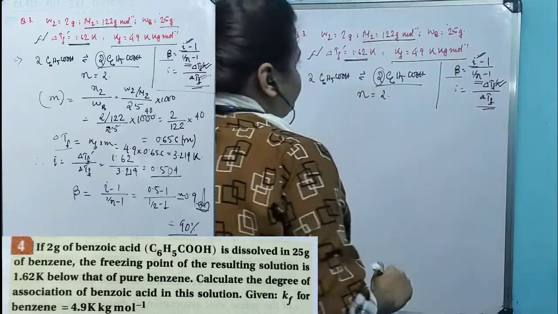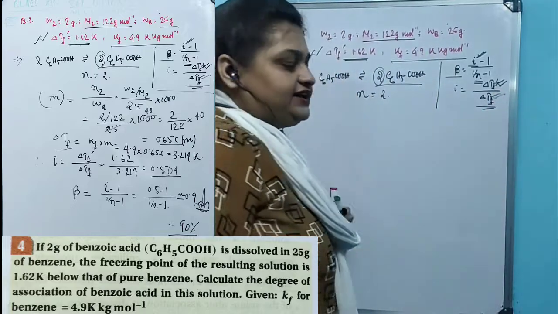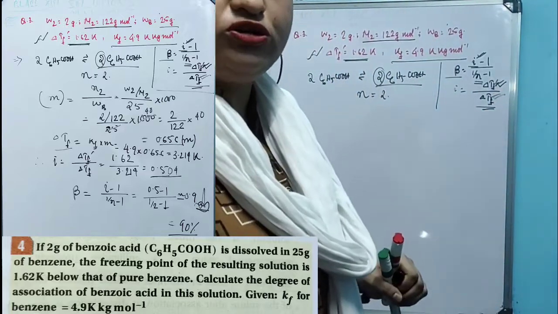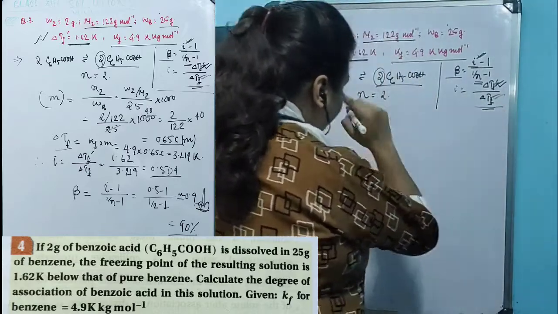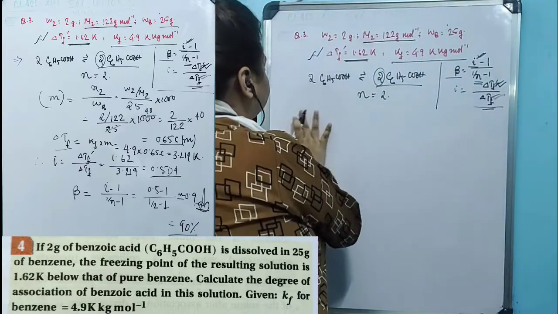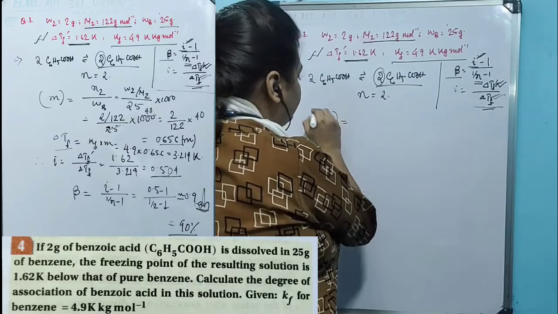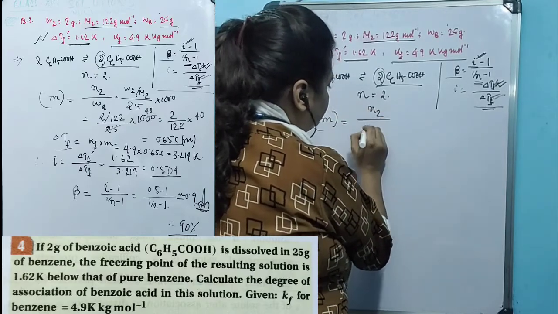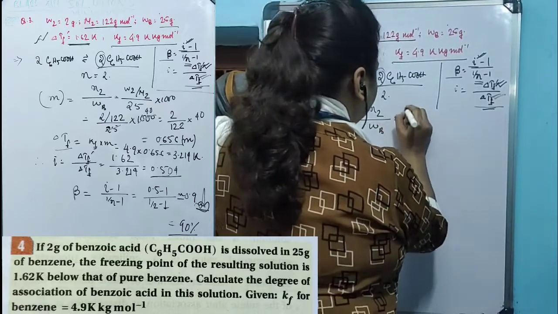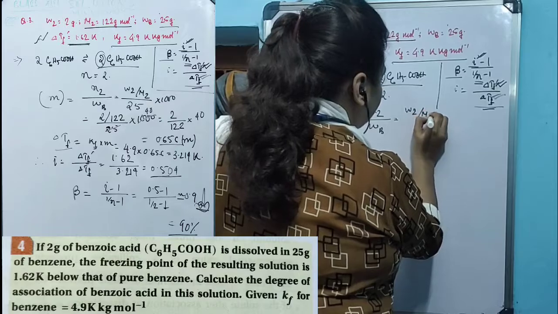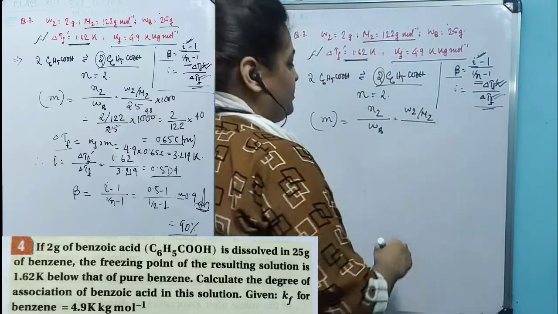To calculate i, I need to find out delta TF, the calculated or theoretical delta TF value. To calculate delta TF, I need to find out the molality of the solution. Molality of the solution can be given as n2 by WB, the amount of benzene. Now, n2 can be calculated as W2 by M2, the given mass of benzoic acid divided by the molecular mass of benzoic acid.